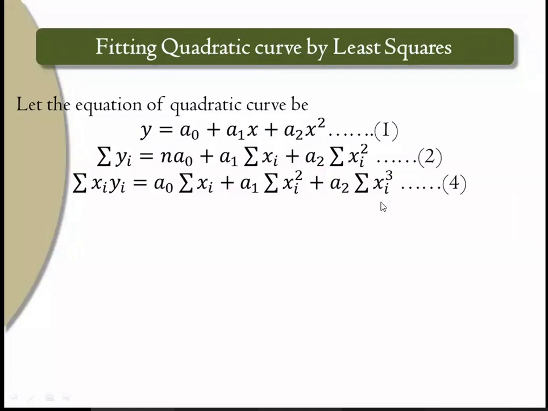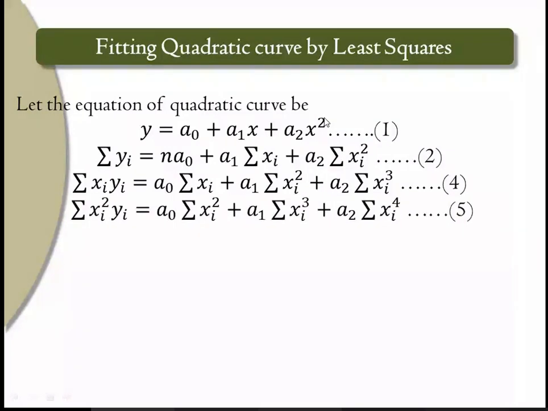Now we want a third equation, one more equation. So to get that equation, multiply the first equation by x square. Firstly, we took the direct summation, then we multiplied by x and took the summation. Now multiply by x square and take the summation. So if you multiply by x square, the first equation becomes y into x square, a naught x square, a1 x cube plus a2 x raised to 4.